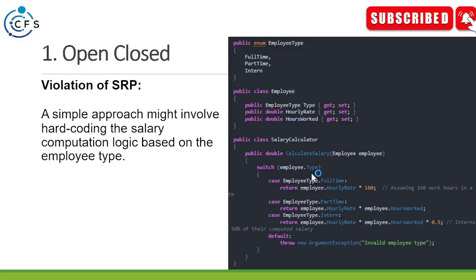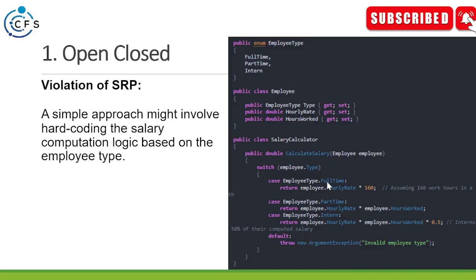This way we can see that for each employee type our logic is here only. This is for full time, this is part time, and this is for intern, which is wrong, because if tomorrow the next employee type comes, maybe vendor or someone else, then I have to go and make changes here.